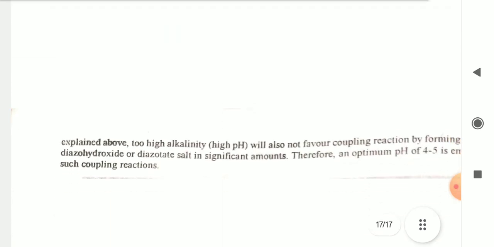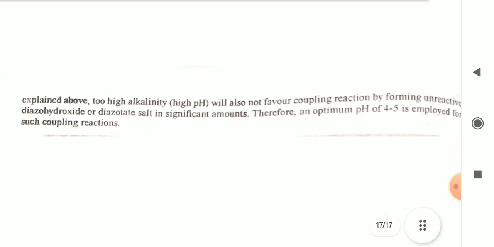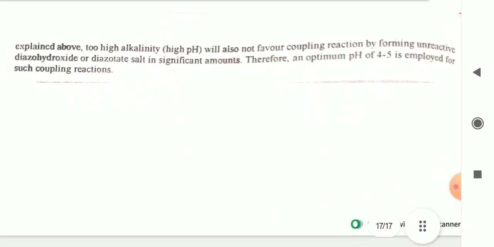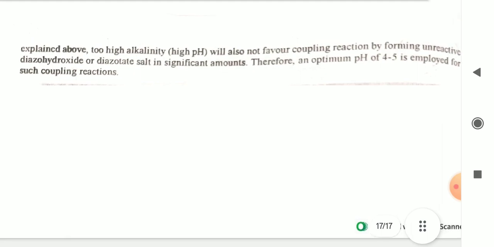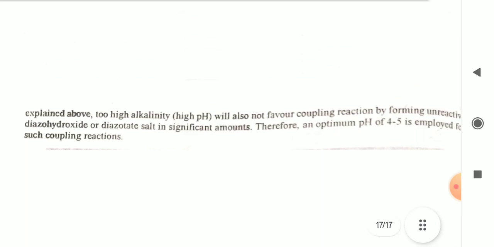Further, as explained above, highly alkaline, high pH also does not favor the coupling reaction, by forming diazohydroxide or diazotate salt in significant amount. Therefore, an optimum pH of 4 to 5 is employed for such a coupling reaction. Thank you.